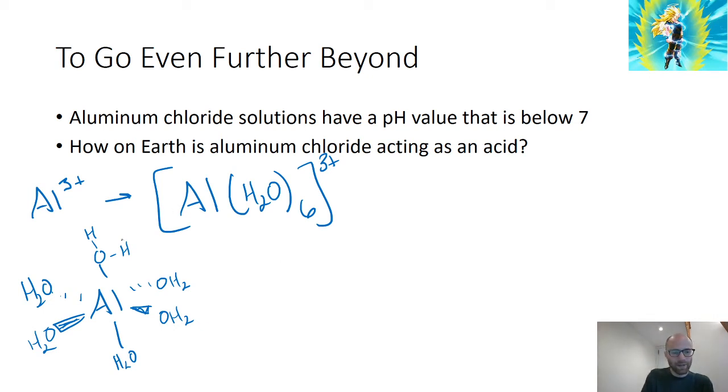And what ends up happening is that one of these will actually try and seek to balance things out. In each of these waters, if you make a covalent bond with one of the lone pairs of oxygen, each of these oxygens has a formal positive. Right? I'm going to zoom in a little bit to show that a little bit clearer.